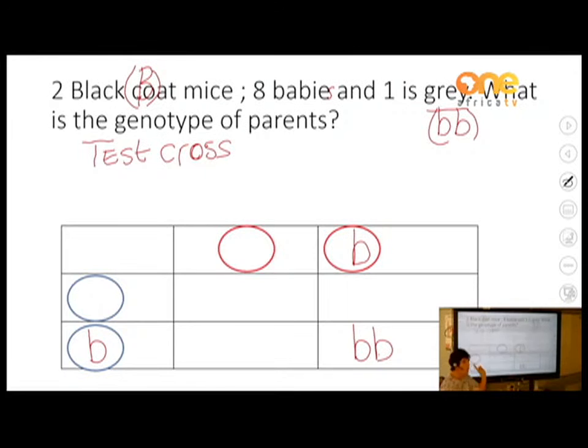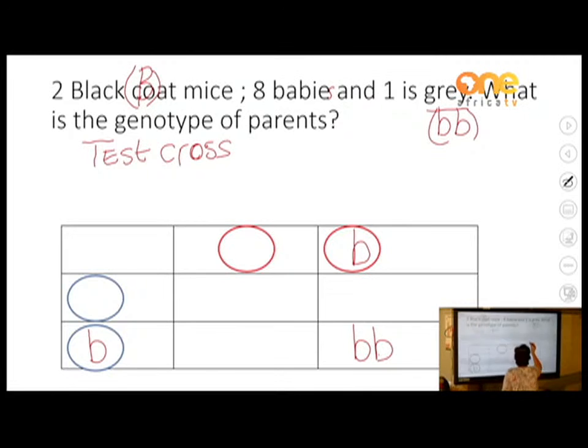If there is one gray baby, there must be a gray b from both parents.